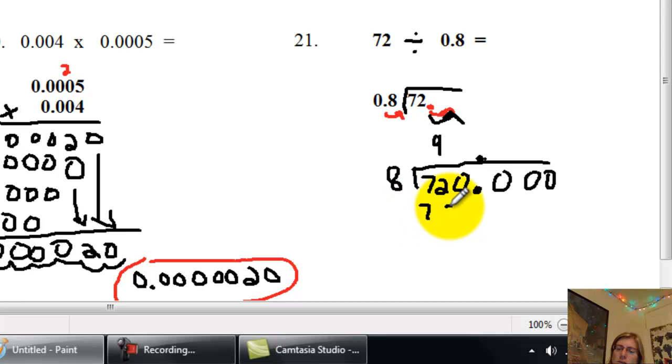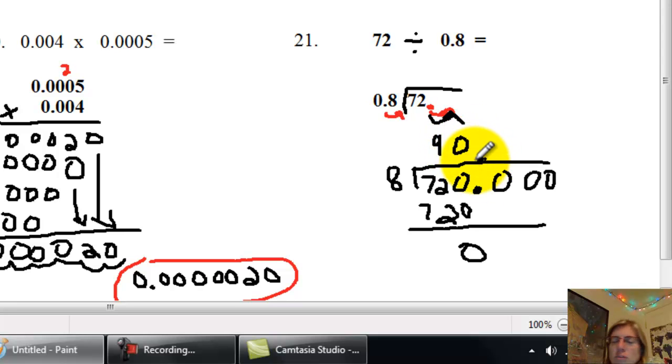But we have to bring down the 0. 8 into 0 goes 0 times. You just have to do this up until you hit the decimal point. So we don't even need all this stuff over here, it turns out. And you'll be seeing me do more of these kinds of division problems. So the answer is 90.